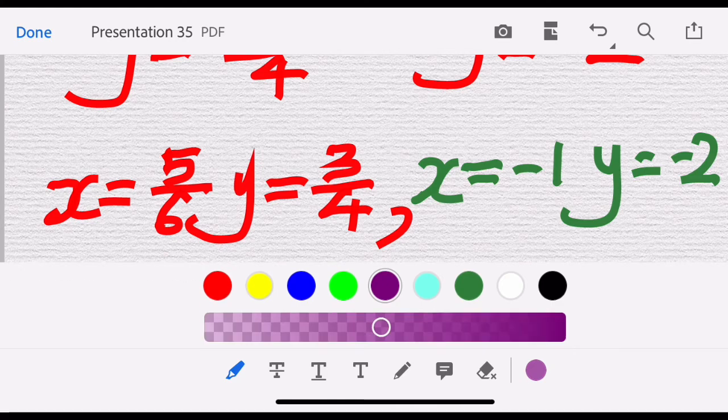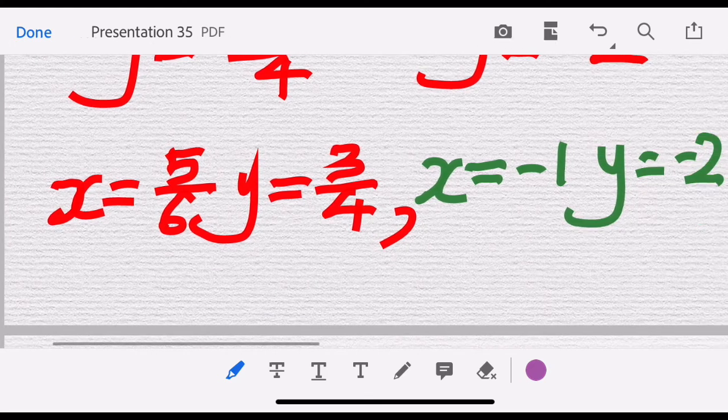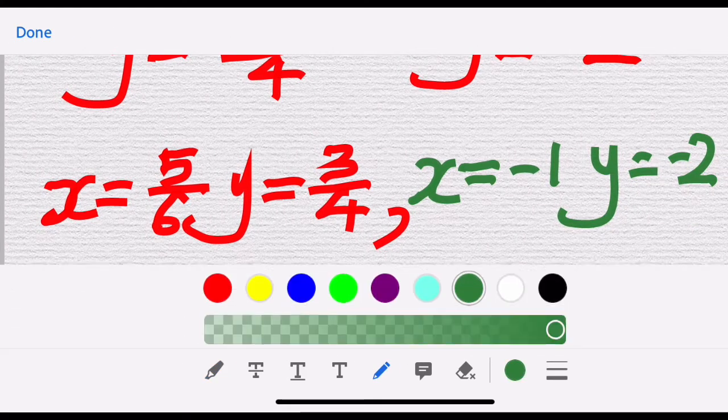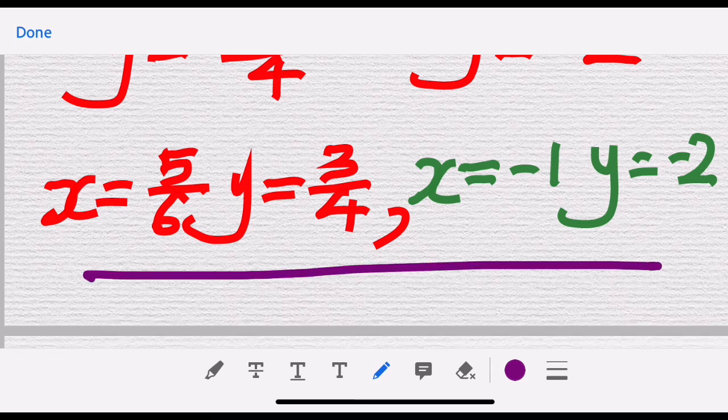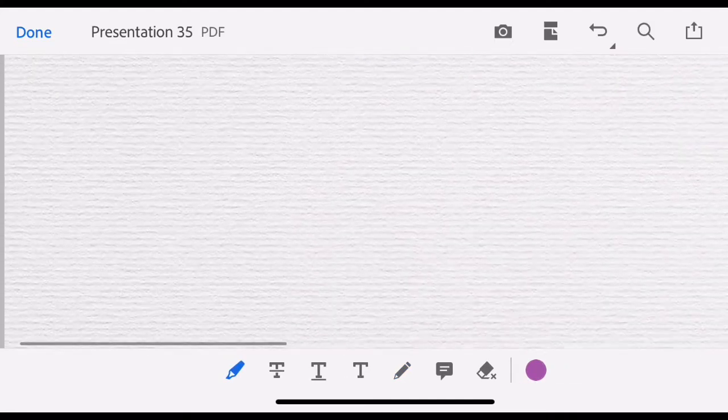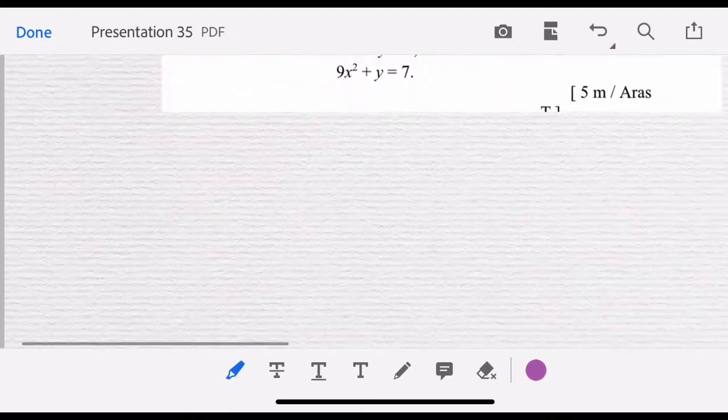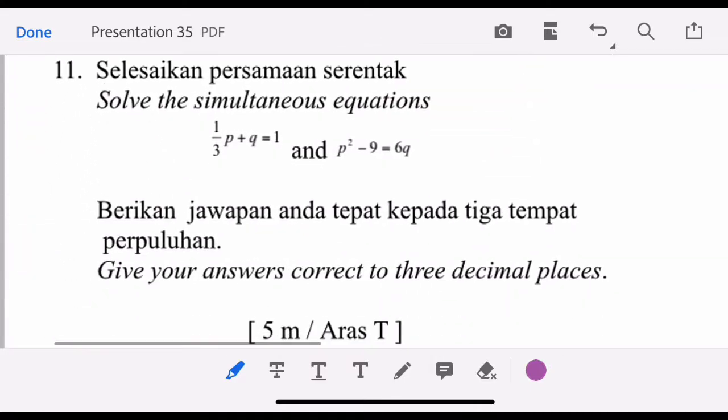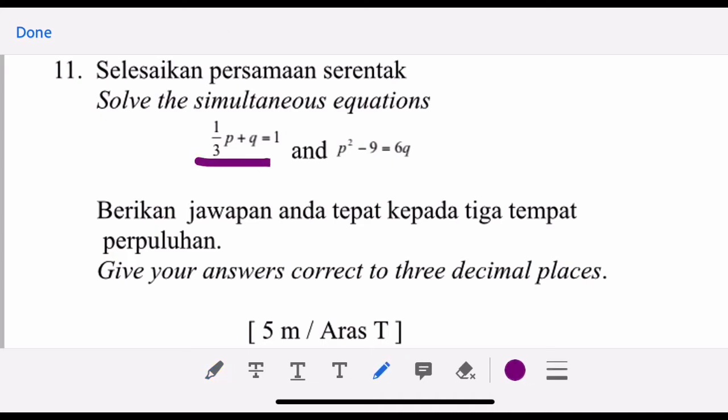Let's proceed to the next one. We are going to discuss number 11. Number 11 is actually involving P and Q. For me, I will start from this one, but it's up to you.